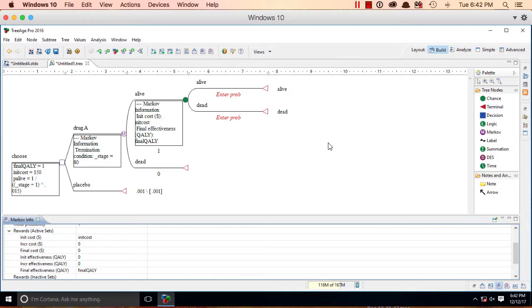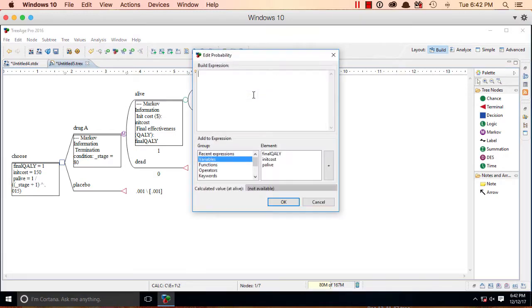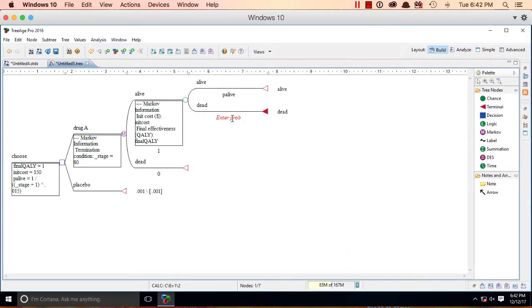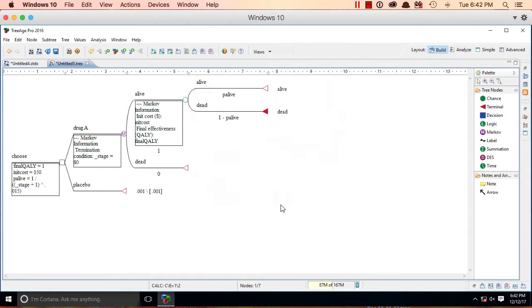Since I already said what probability alive is for stages 1 through 80, I could just edit the probability alive here and set it equal to the variable probability alive, which we defined as that decreasing function of stage. So the probability that you're alive decreases every year. Every year that you're alive, you're more and more likely to die, less and less likely to remain alive.